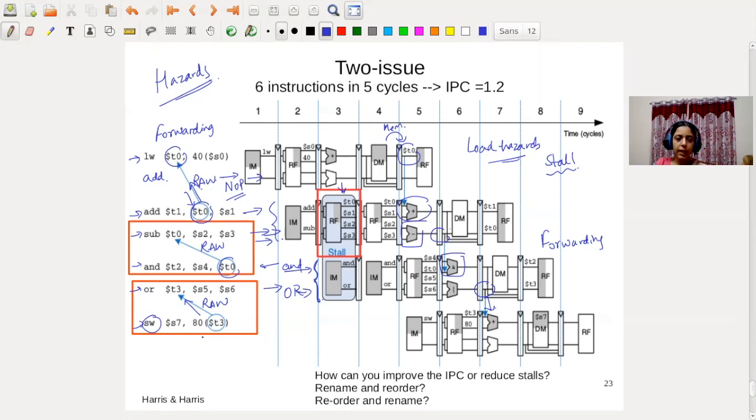And also remember that a store is slightly complicated to understand. Here, T3 is being used as a computation for this store. So because it's used for the computation, you need the T3 value by the ALU stage. So if T3 were to be found here, for example, then you do not need T3 by the EX stage of store, because you can directly store T3 into the memory.